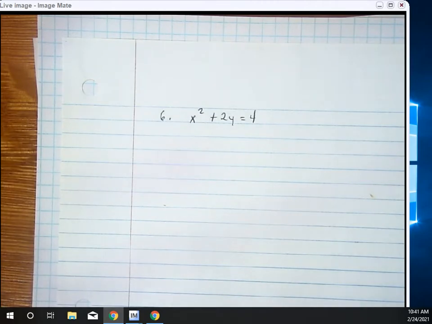We're going to determine what kind of symmetry it has. Does it have symmetry with respect to the x-axis, the y-axis, or the origin? If I'm testing for the x-axis symmetry, what changes? The y values.